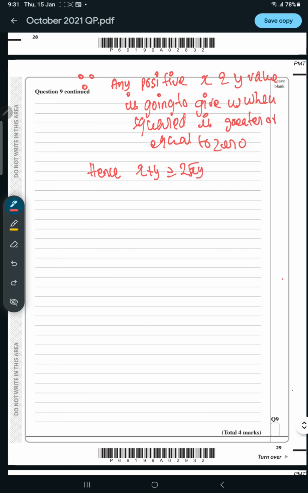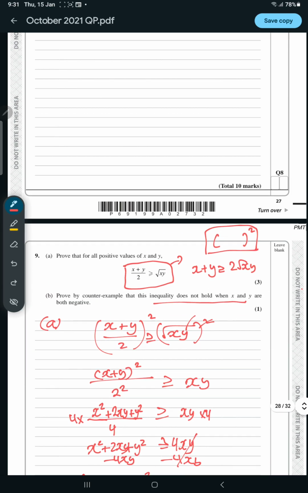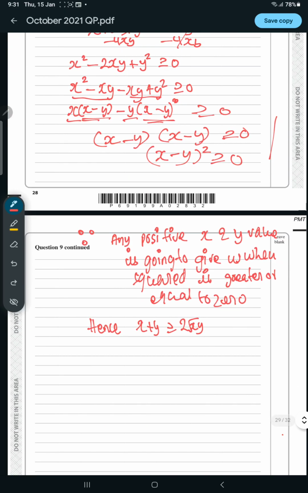Therefore, x plus y is greater than or equal to 2 root xy, hence proved. And you add a little square there to indicate the end of proof.